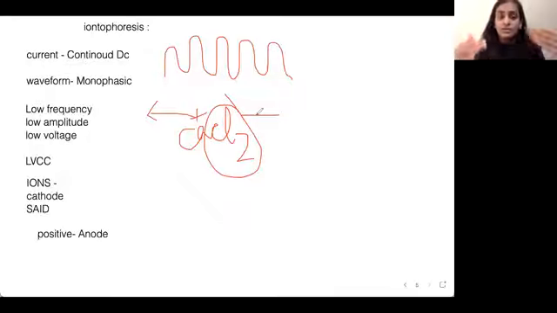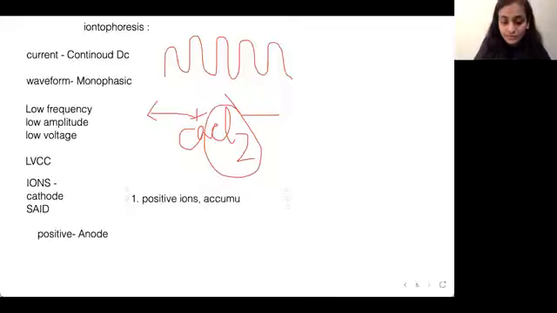Now there is something that we need to know, because these attractions cause reactions. If positive ions accumulate on the cathode, it causes an alkaline reaction. What do we mean by this? How do you remember this?